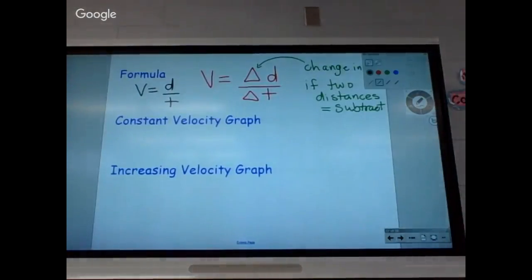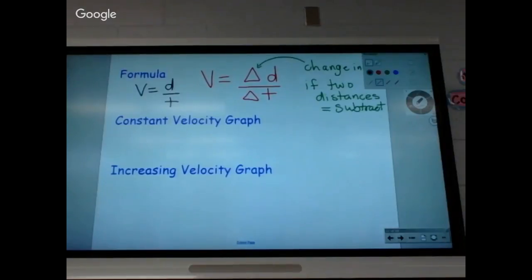There's no difference between writing V equals D over T or writing the triangles. The state writes the triangles there so you know if there's two times or two distances, you have to subtract them. But it doesn't mean that you have to have the triangles.